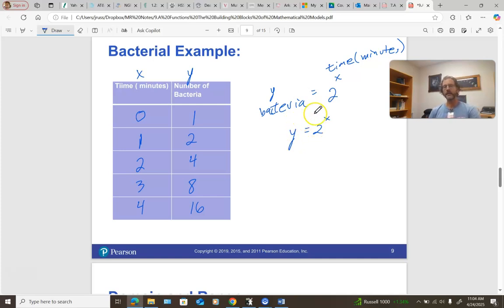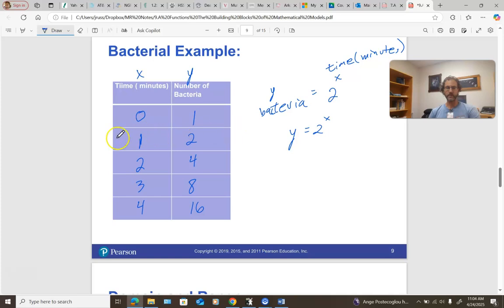And so what's happening here is, as you plug different values in for x, or these different values of time, then you're going to get different outputs, okay? Different values for your dependent variable. In other words, it's going to give you the predicted number of bacteria, okay?